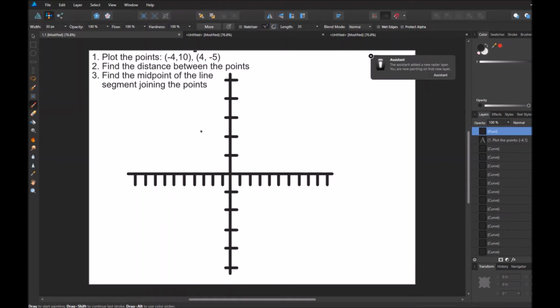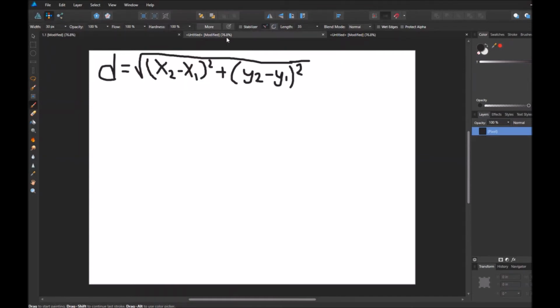And then our next point is 4, -5. So we go to the right of the origin 4 spaces and then down 5. And our point would be right about there. So now we have to find the distance between the 2 points.